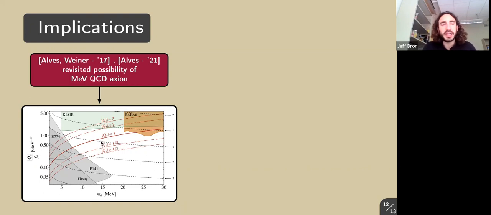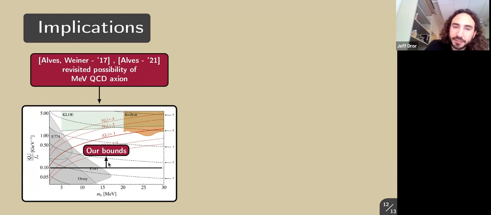But putting that complication aside, they studied this parameter space where you're looking at the coupling of the electron on the vertical axis versus the mass of the axion. They have all this open parameter space where they thought you can have the QCD axion interacting with electrons. But here you're seeing the power of the bounds that I was showing you for these pion decays that are interacting with leptons. They rule out all the parameter space here quite dramatically.